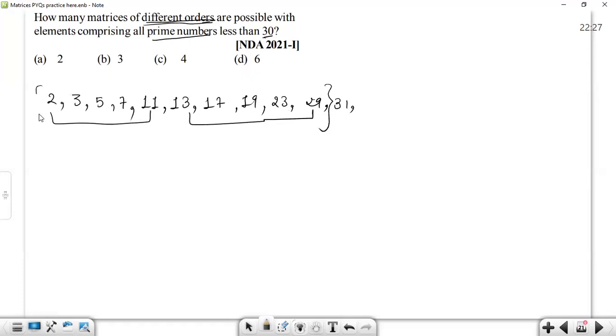How many elements are these? 10. So there are 10 elements for the matrix.